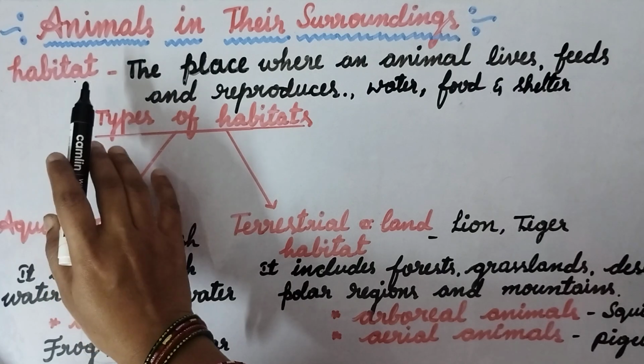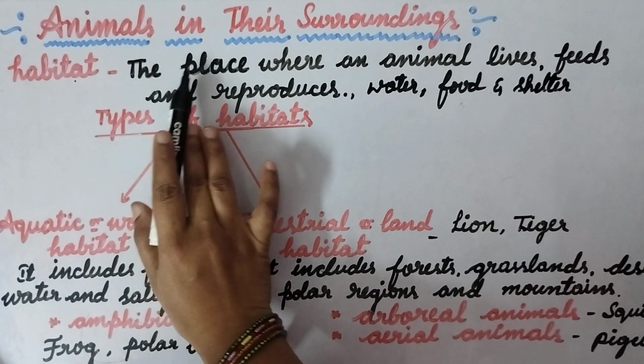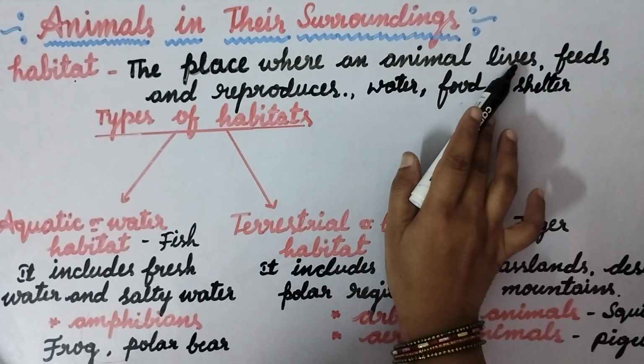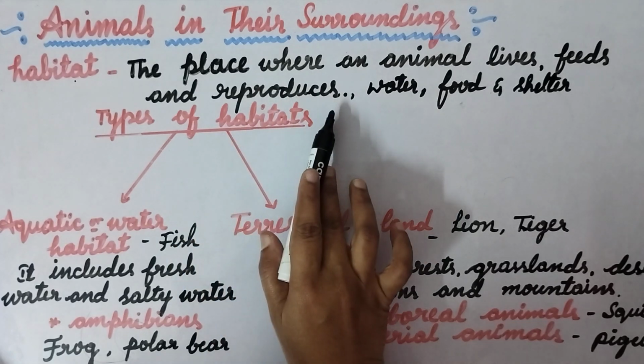So, clear, children? Habitat means the place where an animal lives, feeds and reproduces.